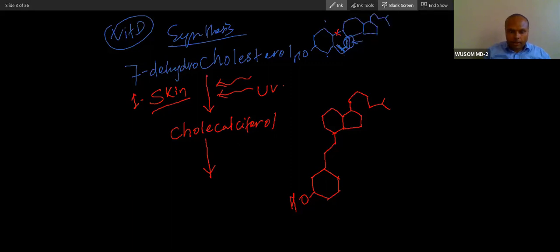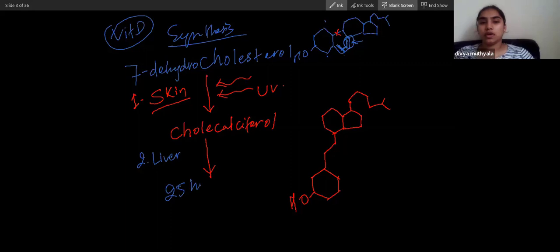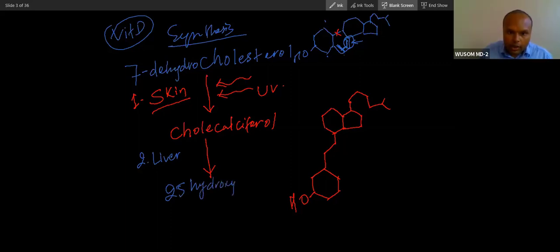Can anybody tell me where the second reaction happens? Be quick. Liver. Yes, very good. And what type of reaction is this? This is a hydroxylation reaction, giving 25-hydroxycholecalciferol.